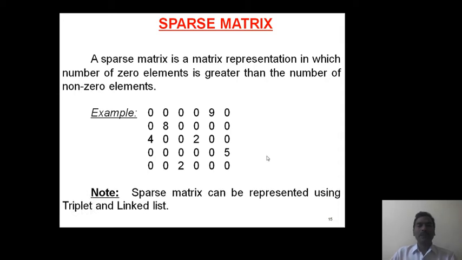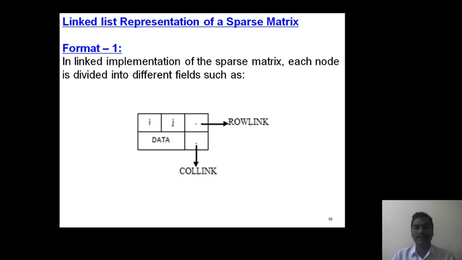Now, a sparse matrix can be represented using arrays and linked lists. At this stage, let us consider a sparse matrix representation with a linked list. Here two formats are valid. In the first format, the linked list consists of nodes, and each node is divided into different fields: I, J, row link, column link, and data.